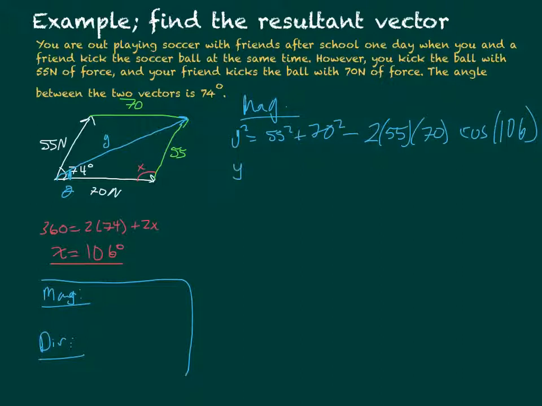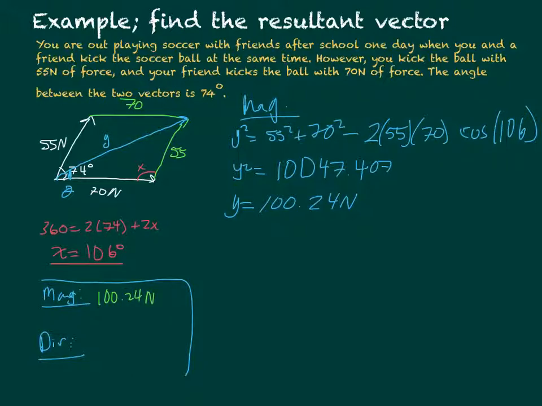So y squared equals 10,047.407. So y equals approximately 100.24 newtons. So that is my magnitude.